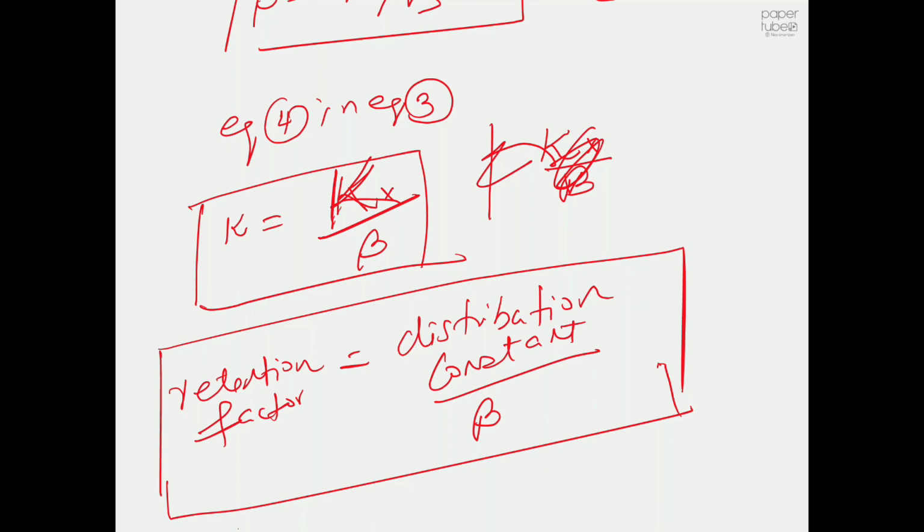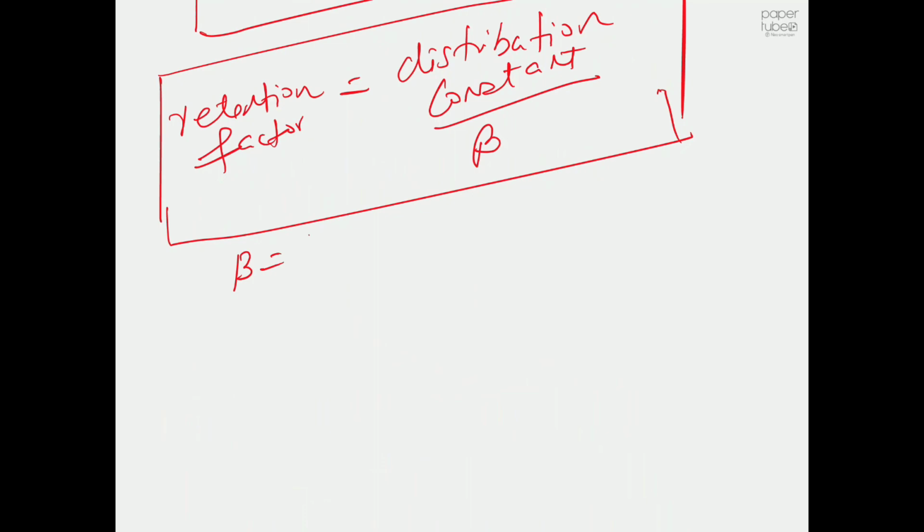This beta value, sometimes we call it the phase ratio, is the volume of mobile phase divided by the volume of your stationary phase. So that's the purpose.